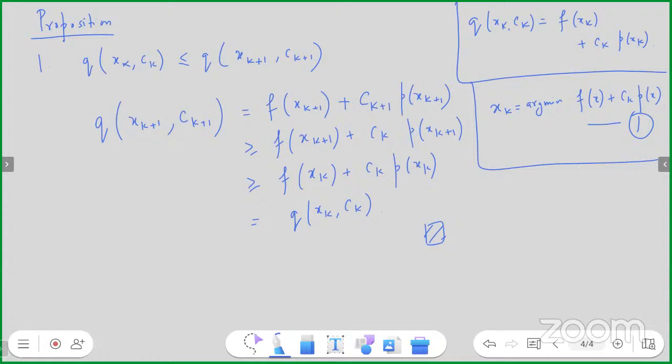Everything is on the board, whatever you need. Think about it for a second. How would you like to prove that P of x k and P of x k plus 1 have an interesting relationship? All you have to use is equation number 1, because there is nothing more available to you.